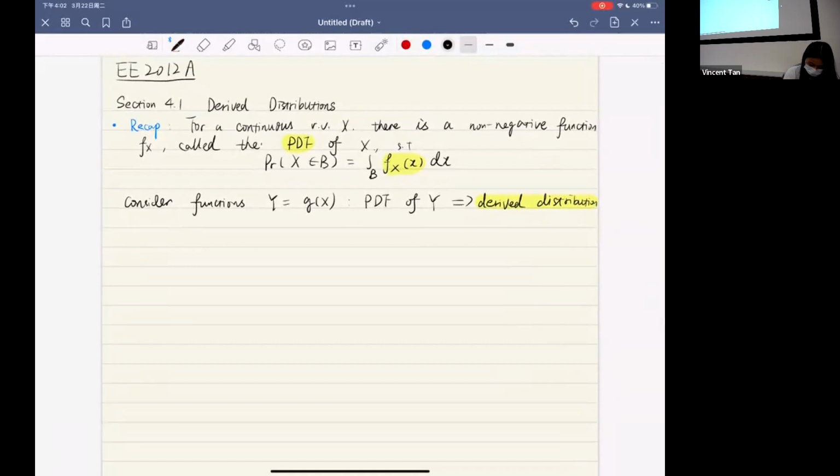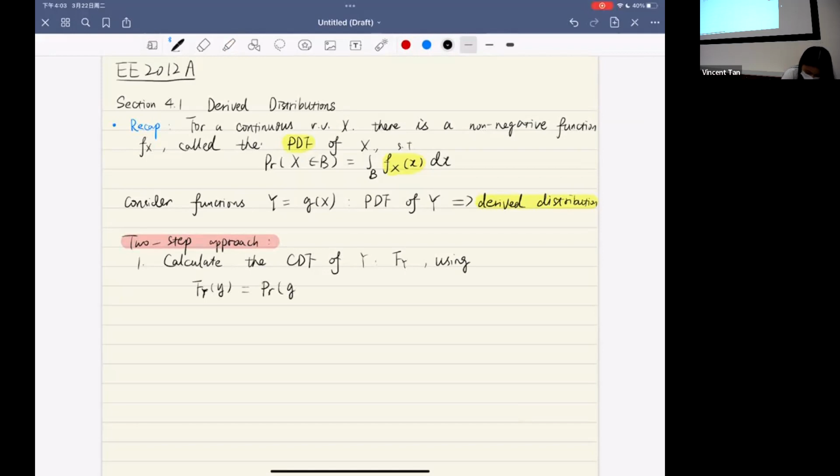We need to follow a two-step approach. Step one: first calculate the CDF of Y. Using this formula here, the CDF of Y is equal to the probability that g(X) is smaller or equal to y.